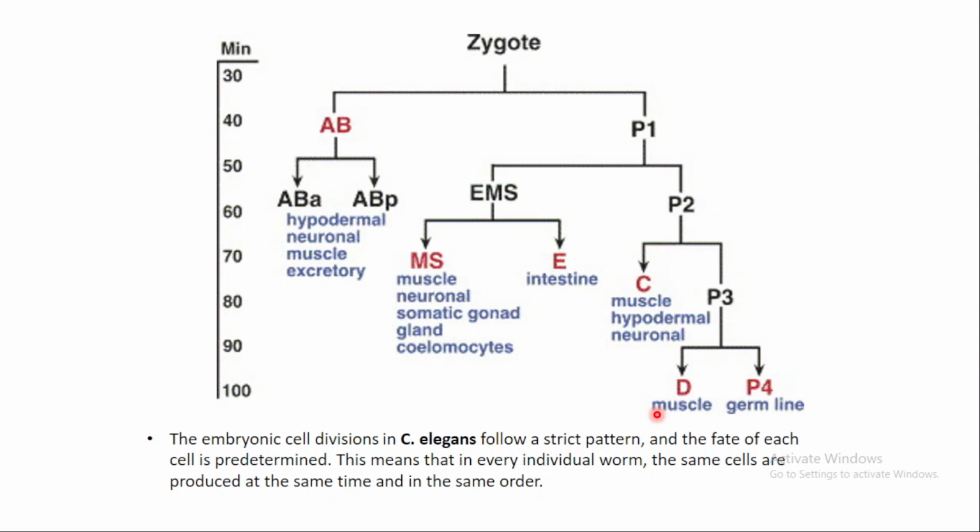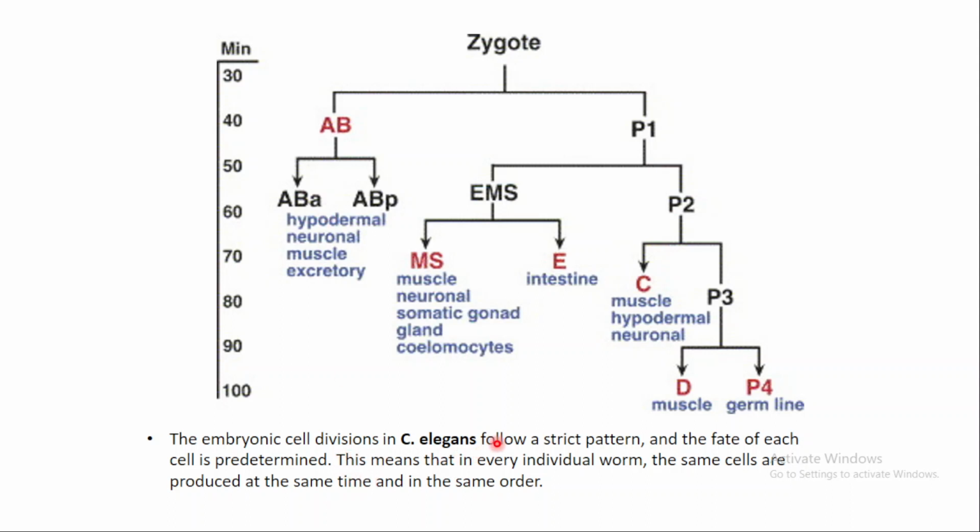As I was saying, in the development from the zygote to the adult organism, the worm has a fixed number of divisions. Even the timeline is mapped. Now we know everything about the C. elegans worm, and there are a fixed number of cells, and we have different kinds of cells giving rise to different lineages of tissues found in the C. elegans worm.